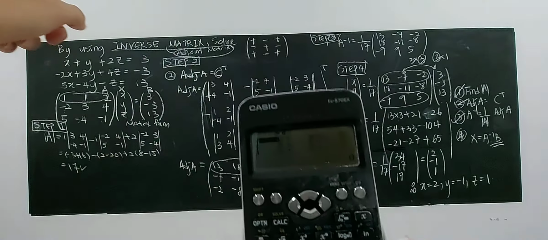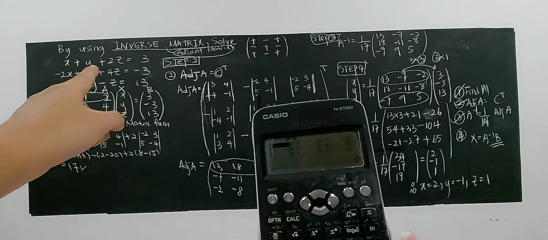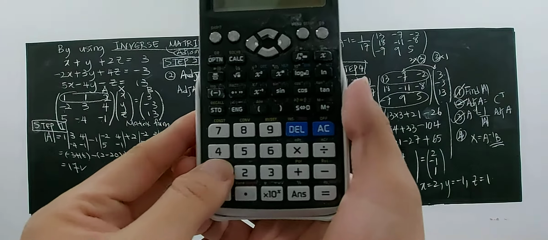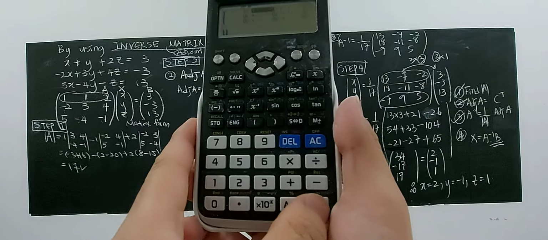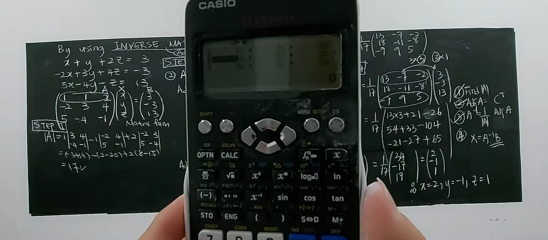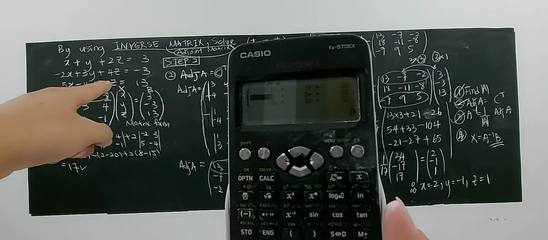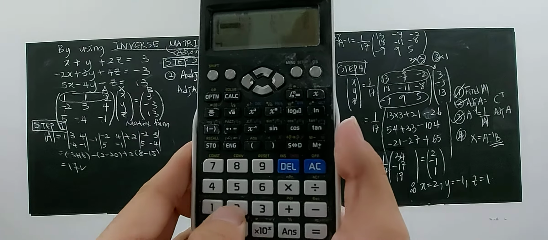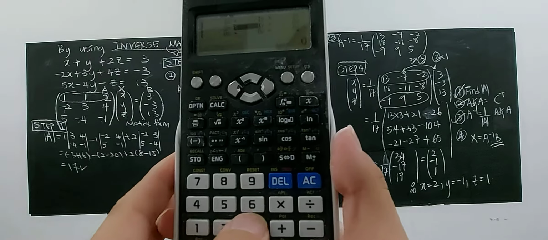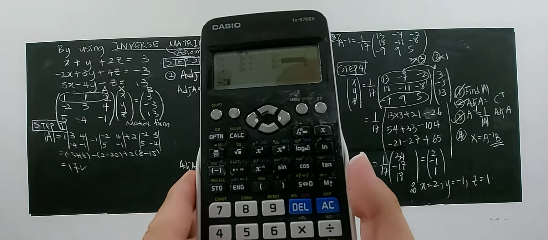You key in the coefficients from left to right: 1, 1, 2, 3. So you key in 1 equal, 1 equal, 2 equal, 3 equal. You can see later it will go to the second row. In the second row you have negative 2 equal, 3 equal, 4 equal, and negative 3 equal.